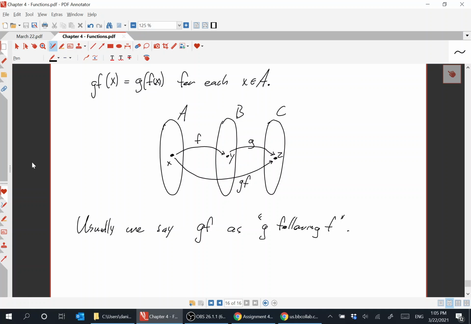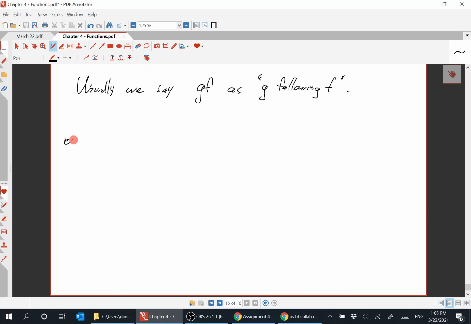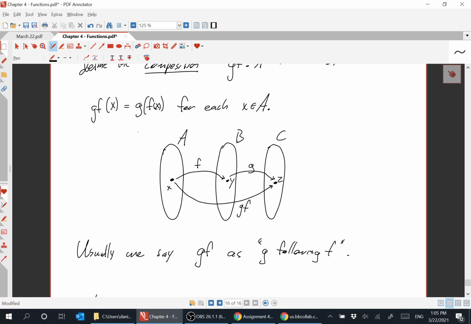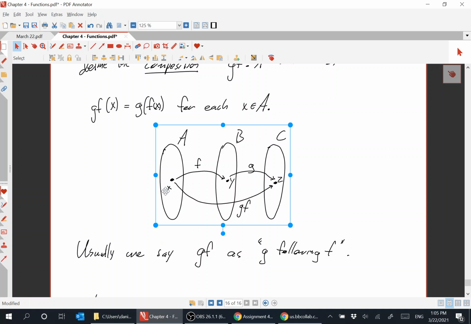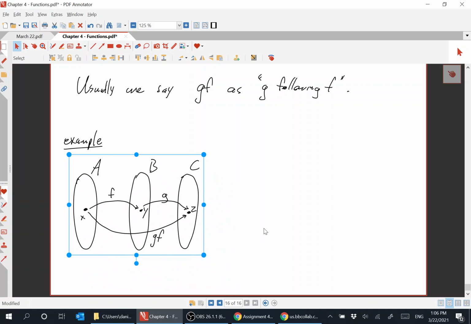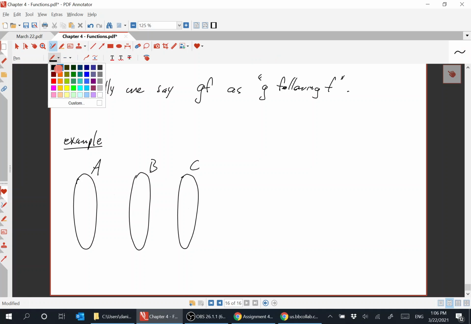So, for example, take this kind of bubble diagram here, and let's write out some elements.